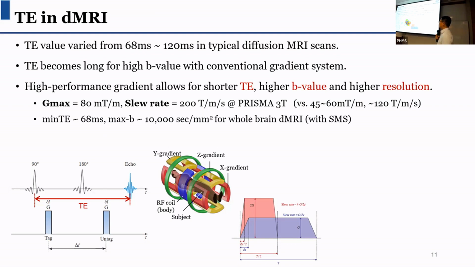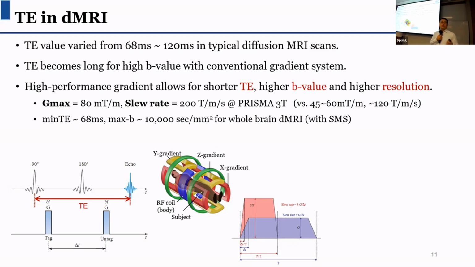The reason is that in Prisma you have a G max equal to 80, and the slew rate, which means the ratio of this slope, is equal to 200. You can compare with the conventional scanner, which is around 50 and 100. There's quite a difference. And with this high performance gradient system, you can make your image TE much shorter, or it can give you higher B value.